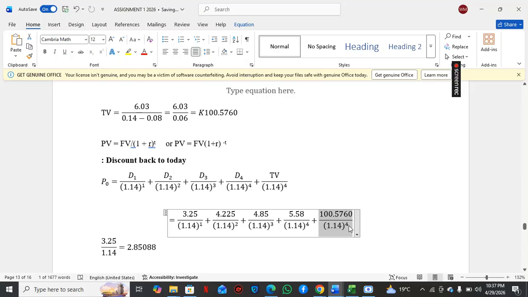Just always remember, terminal value is discounted at the year before the indefinite growth starts. In this question, the indefinite growth started in year 5, so the terminal value will be discounted at the end of year 4.